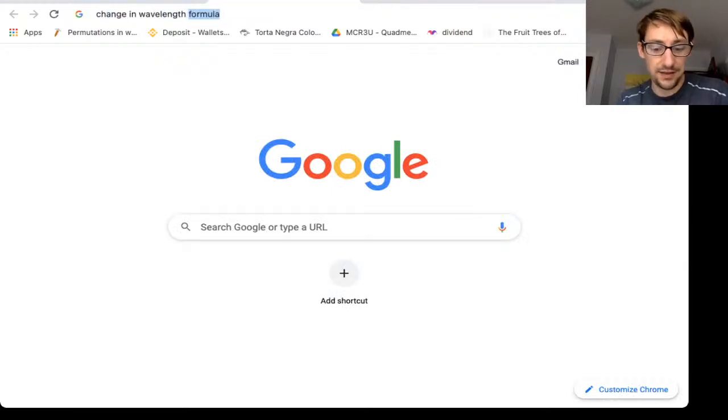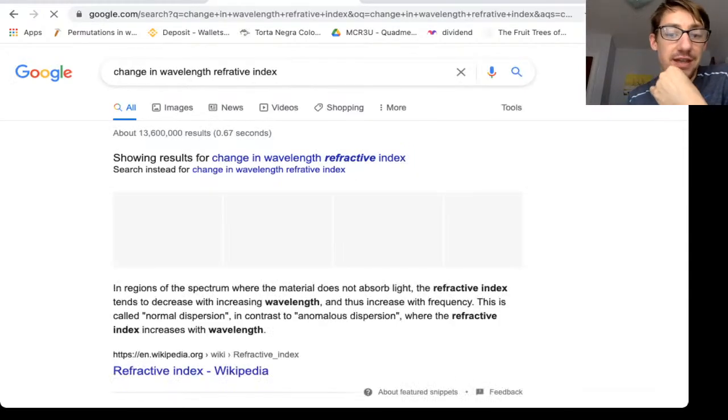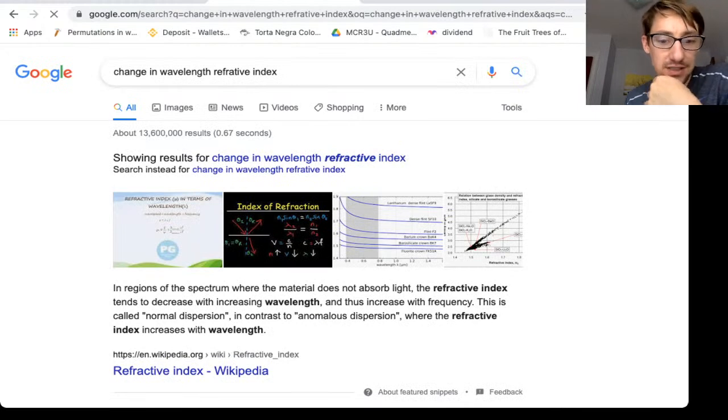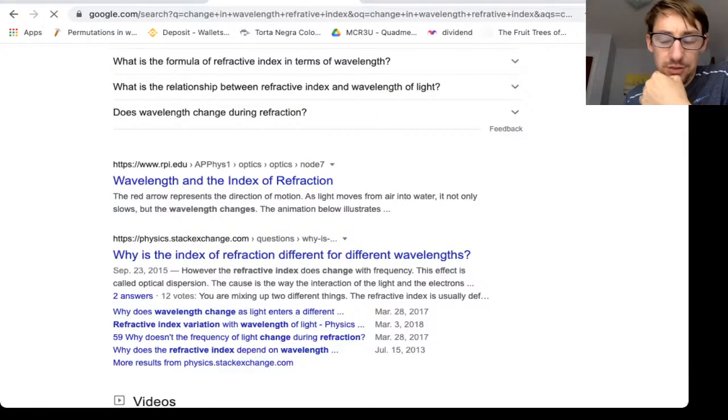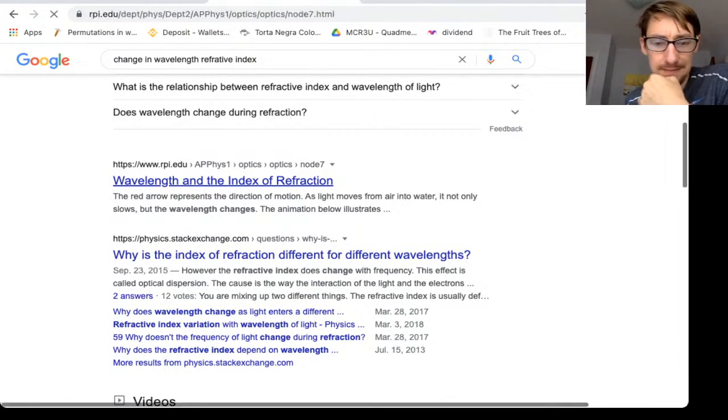Change in wavelength is based on the refractive index. The refractive index is a measure of how much slower or faster light can travel inside of a different substance.